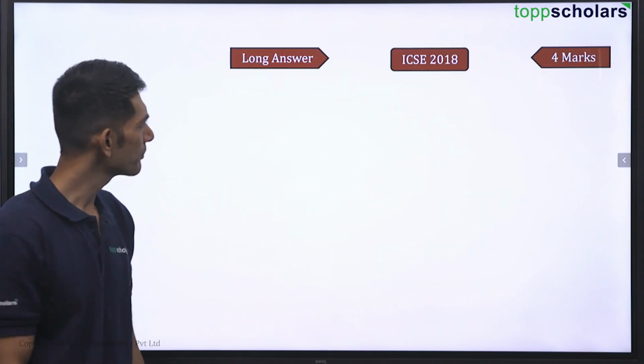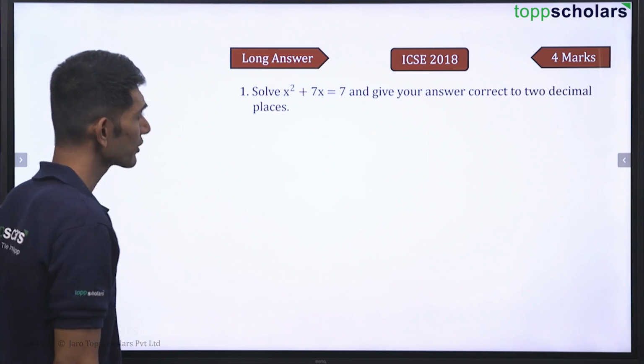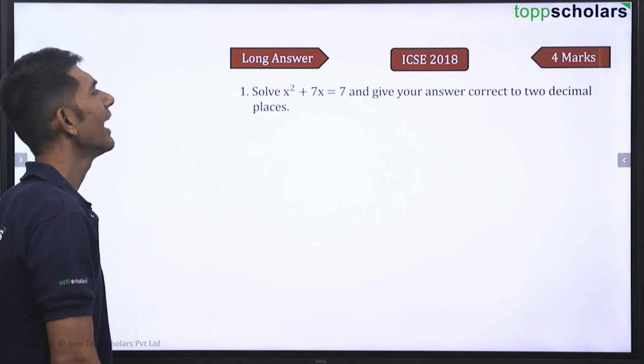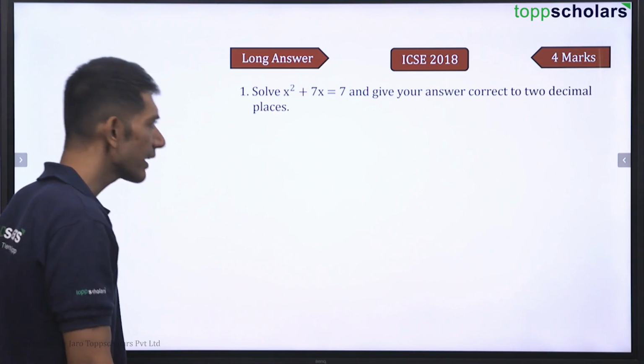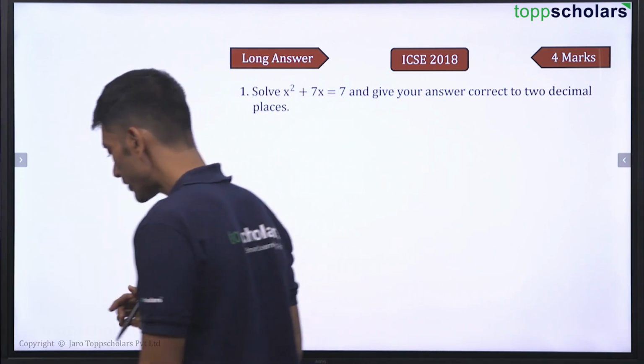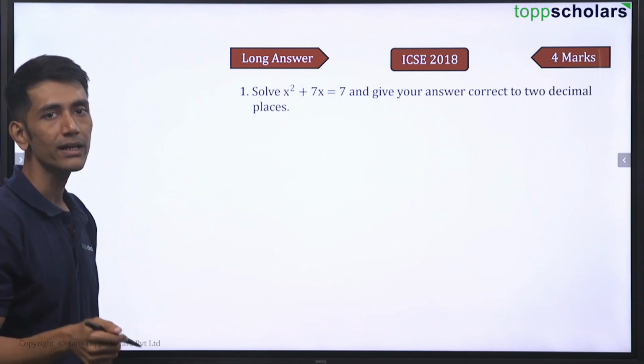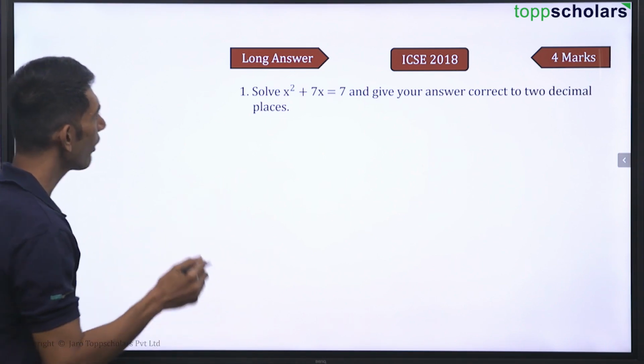Okay, so let us see the first question, that is solve x square plus 7x is equal to 7 and give your answer correct to 2 decimal places. This is the question. So firstly, let us try to understand and recall what is the formula to find out the value of x with the help of formula method.